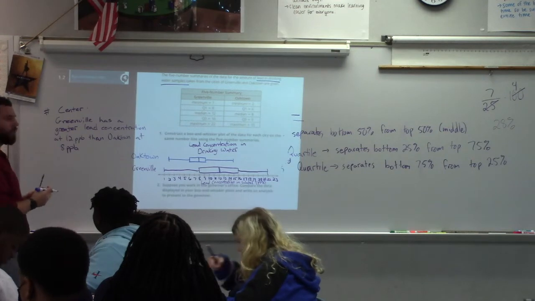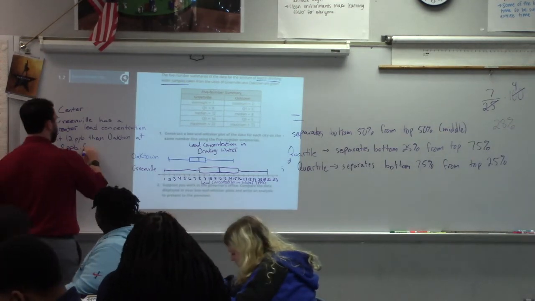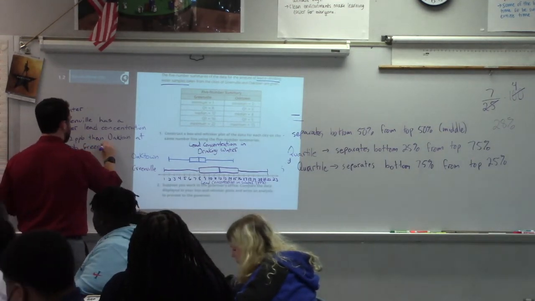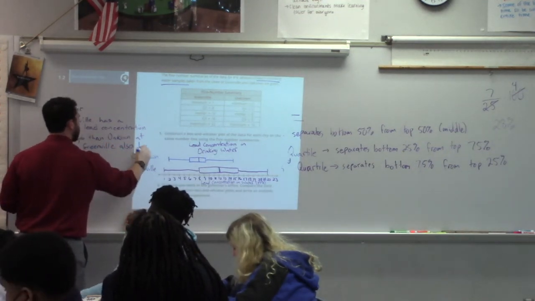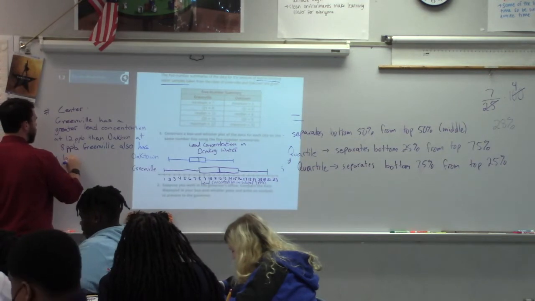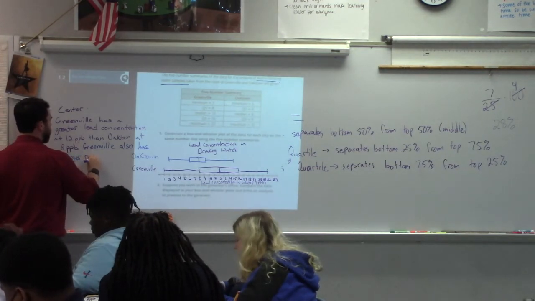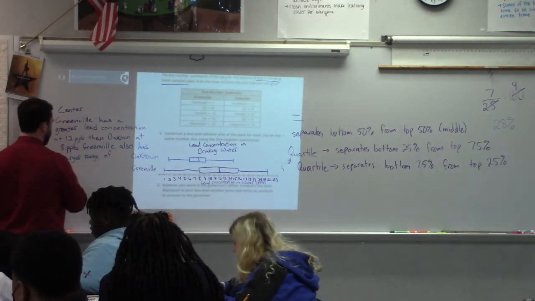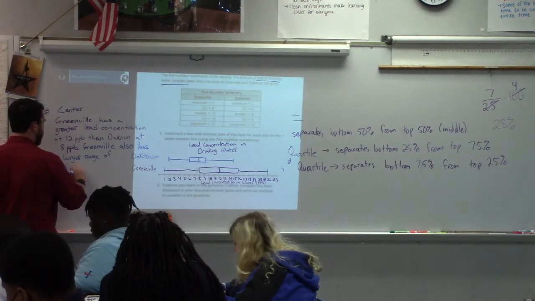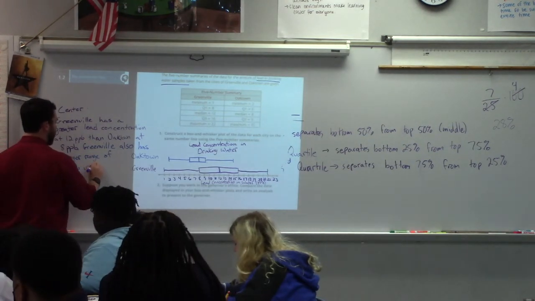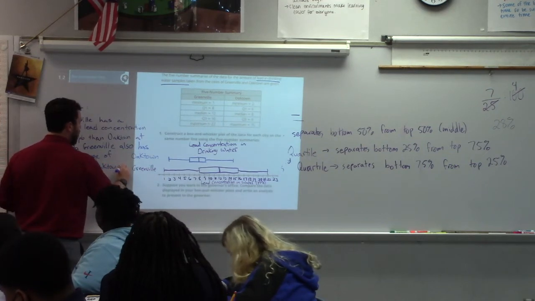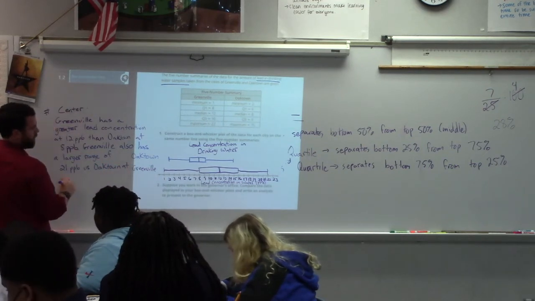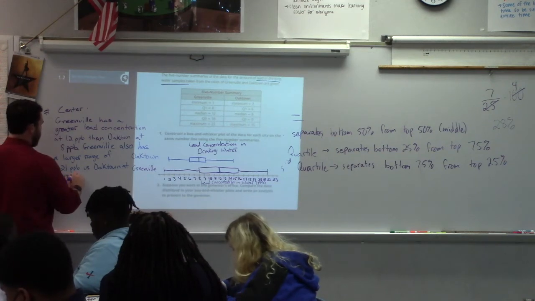All right, so we want to also include that Greenville also has a larger range of 21 parts per billion versus Oaktown at, what was it, 13? Yeah. There's my range.